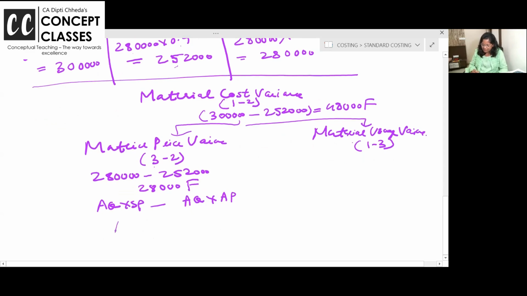You have to write all this. Can I take actual quantity outside, with standard price minus actual price? Price difference is standard price minus actual price multiplied by actual quantity. That is what I did, 3 minus 2. Actual quantity into standard price, actual quantity into actual price.